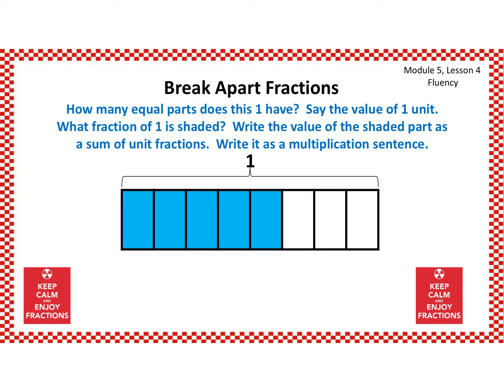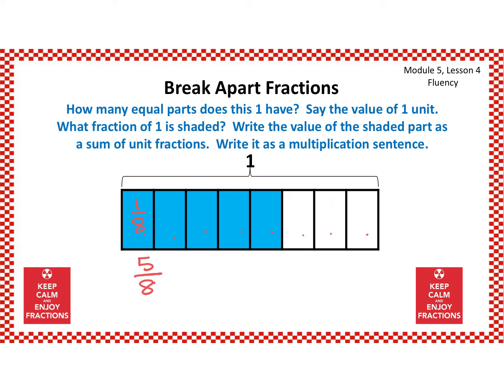As we look at this, we can see that the value of the 1 is the whole rectangle again. If we count the units, how many parts do we have? 1, 2, 3, 4, 5, 6, 7, 8. So the value of 1 unit is 1/8. Each of those is worth 1/8. There are 5 parts shaded of the 8.